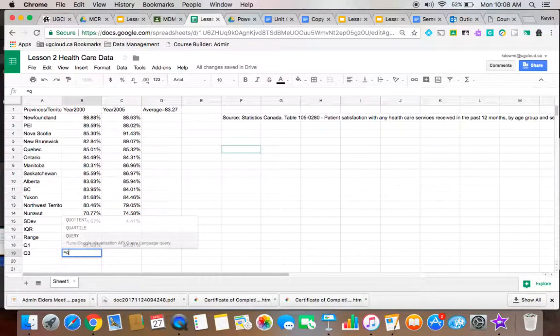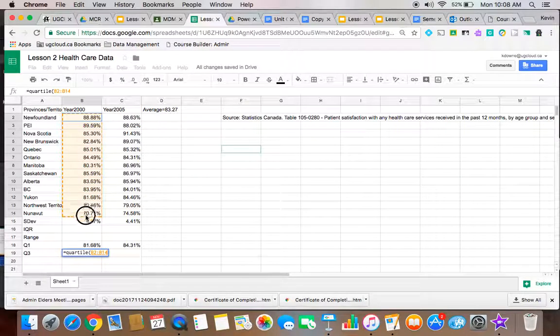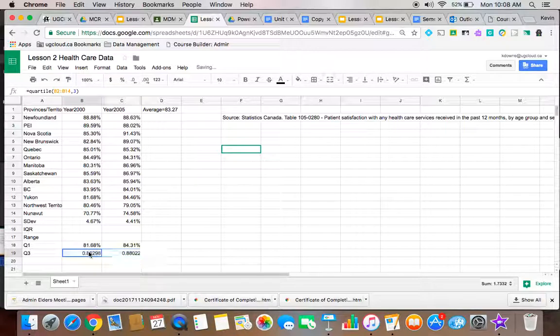And then we're going to do the third quartile. Make sure we've highlighted the right data. Quartile 2 is actually the median, so if you want to check that, you can play around with that. So that's quartile 3. I'll make those percentages.